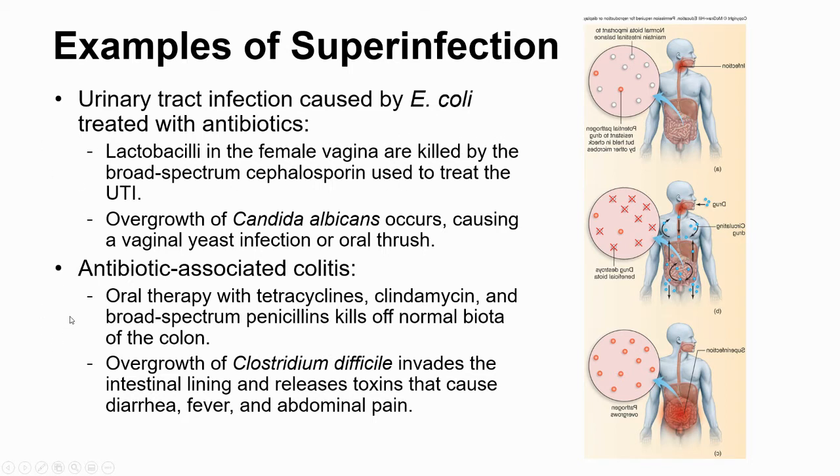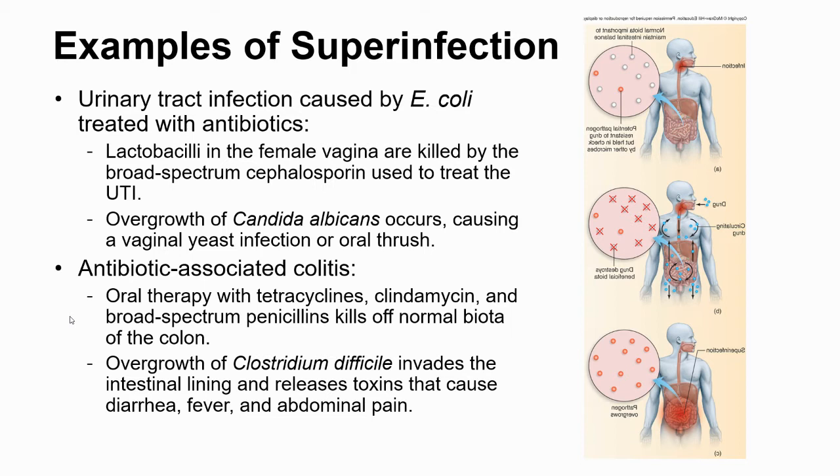There's also antibiotic-associated colitis. So a lot of antibiotics, tetracyclines, clindamycin, and other broad-spectrum penicillins, synthetic and semi-synthetic and natural, kill off normal biota that are found in the colon, resulting in an overgrowth of Clostridium difficile.